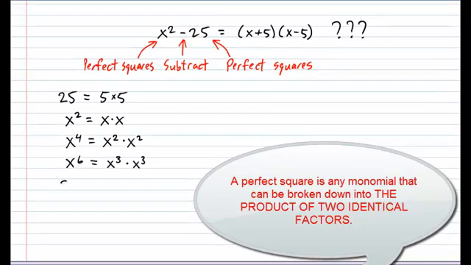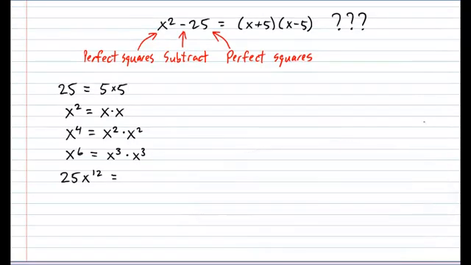How about this one? 25x to the 12. Well, that's also considered a perfect square because that can be broken down perfectly into 5x to the 6 multiplied by another 5x to the 6.